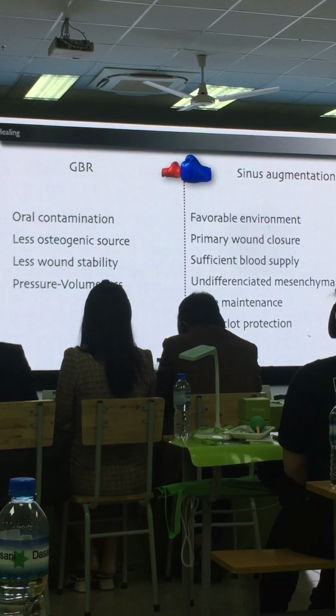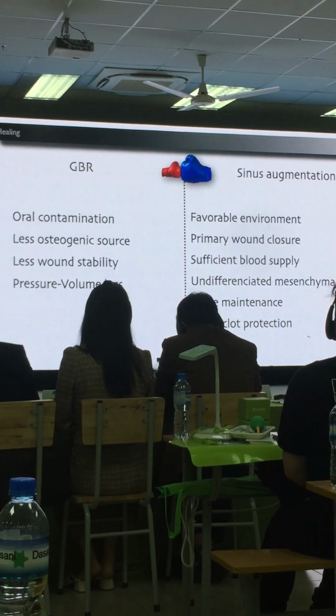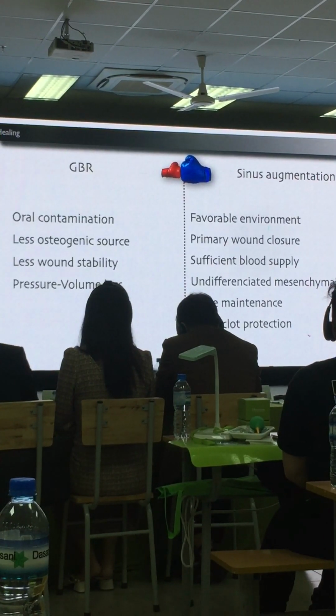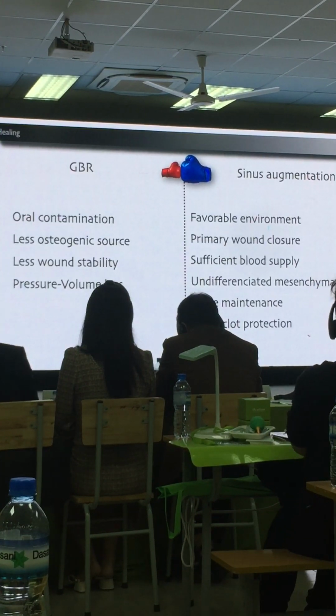On the other hand, sinus augmentation provides a much more favorable environment. Primary wound closure can be easily achieved. Good blood supply and cell migration are anticipated because the grafted bone mass is entirely surrounded by native bone and sinus membrane containing periosteum.